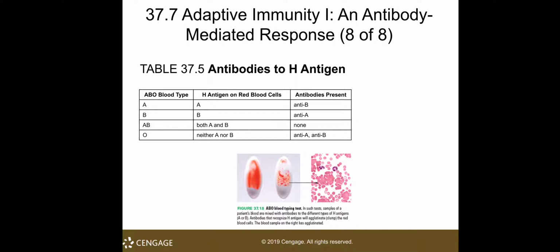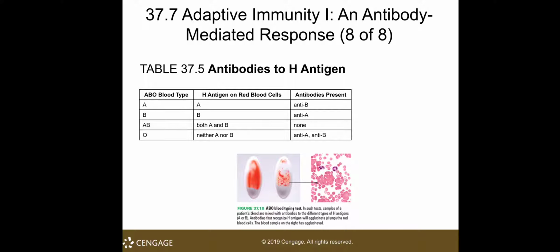So basically, blood type AB are the universal acceptors. They can accept blood type A, they can also accept blood type B. Now, we have blood type O that has neither A nor B antigen, but they have both antibodies, anti-A and anti-B.